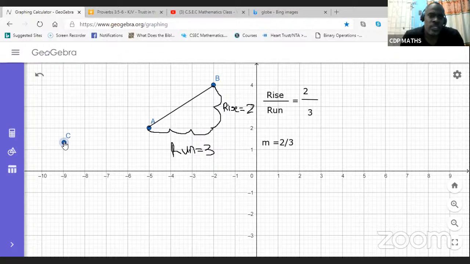I try to make it difficult and I can't. C is going to be up there. So go ahead, give me the gradient from A to C.